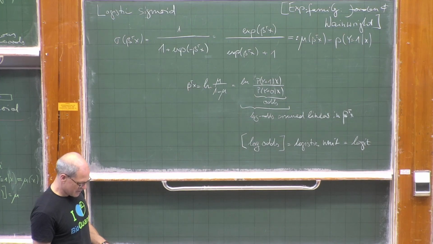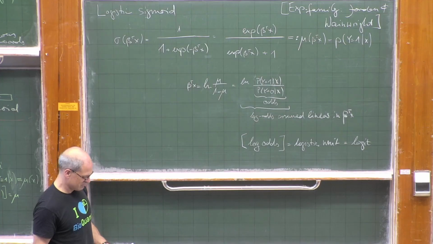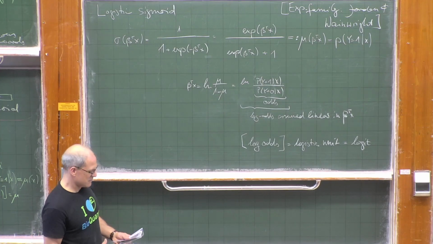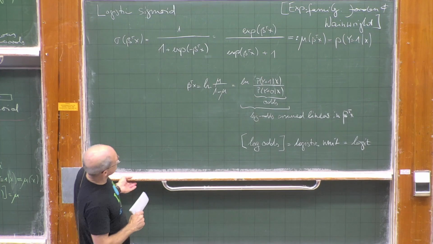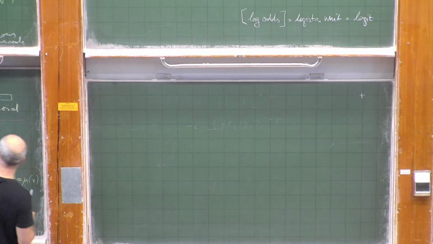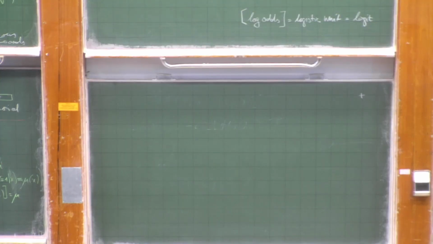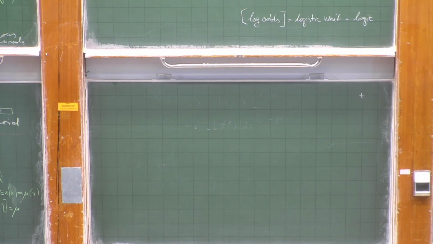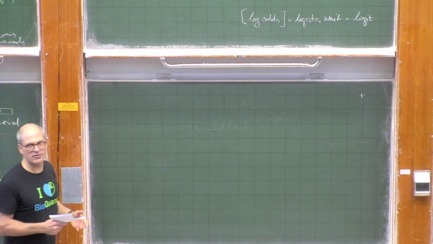Okay. So far, so good. So we have picked a particular kind of sigmoid. We have a probabilistic model. Now, the only thing left to do is estimate the parameters in our model.